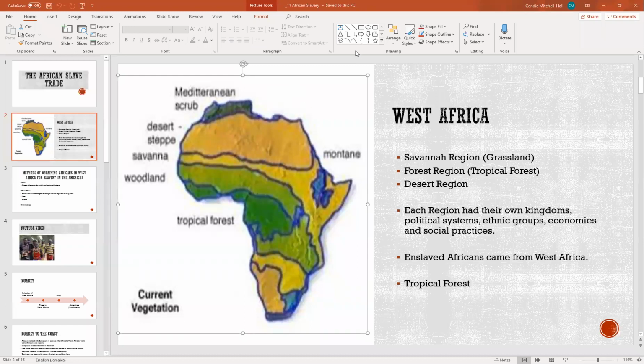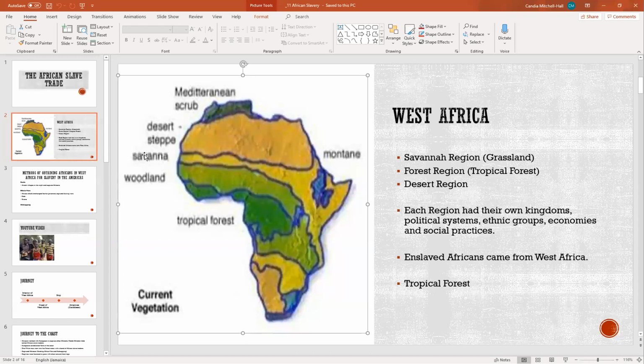So you have North Africa, which is here, up this side. Then East Africa, Central Africa, West Africa, all along this side is West Africa, and South Africa.